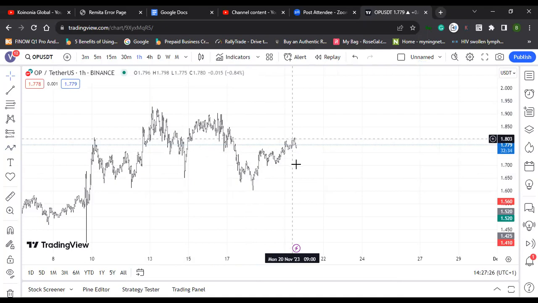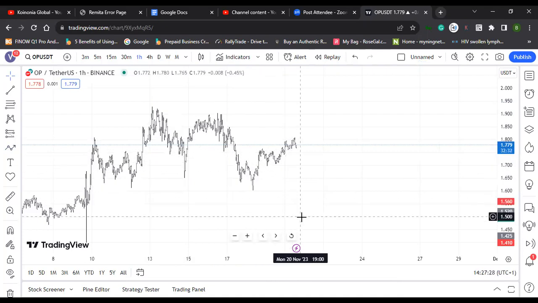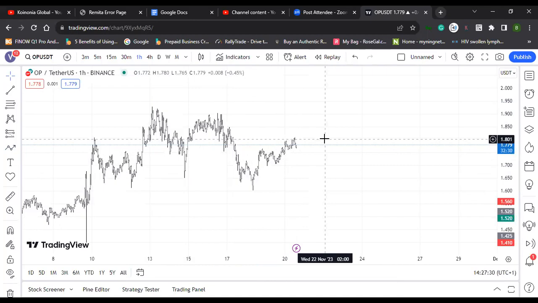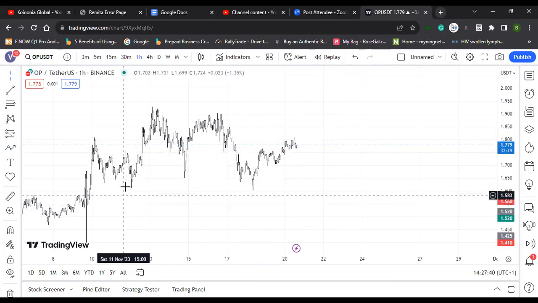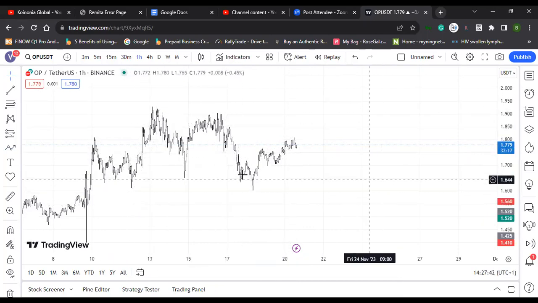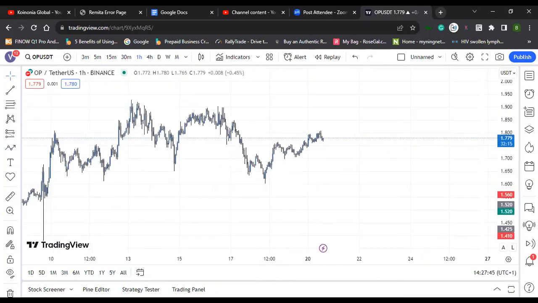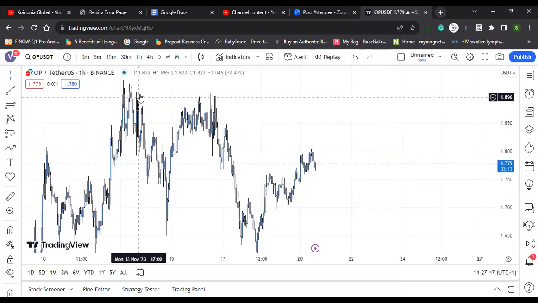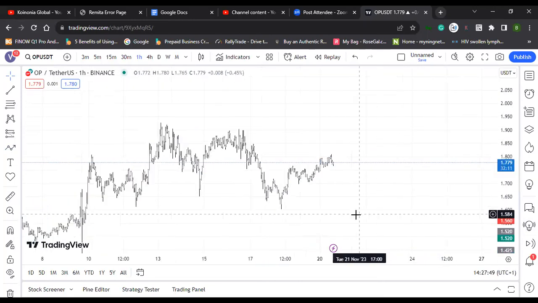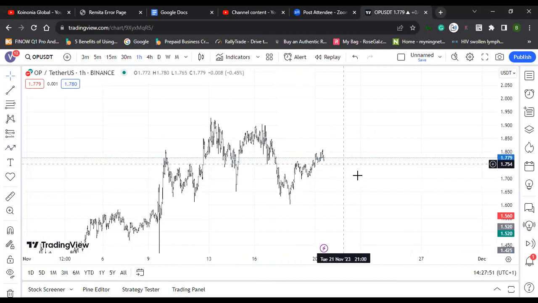At least I want everybody in my community to be able to trade and trade profitably. So I look for means to make trading look very easy for anybody. That is why I always talk about these patterns, right? So now crypto wise, this OPUSDT, I'm telling you the truth, I'm expecting it to sell off for a bit.